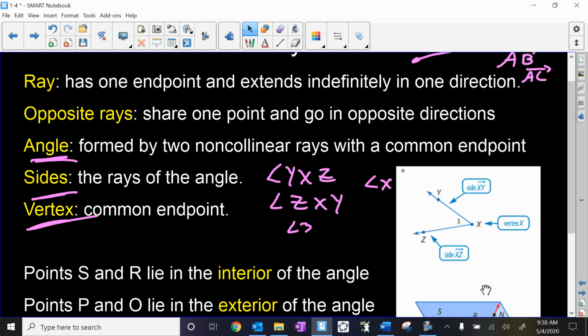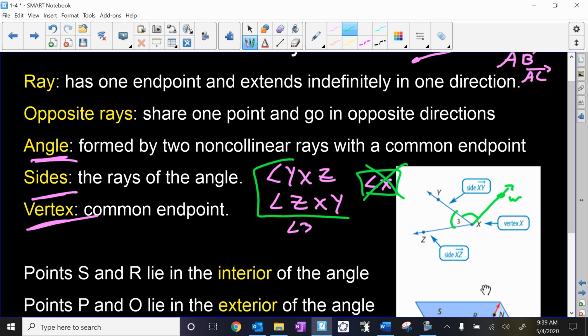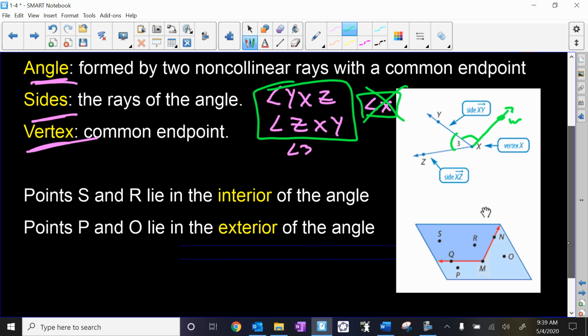The only time that I can use this 1 point is if there is only one angle that's associated with it. So if I draw in another ray out of this, maybe call this point W up here, then I would not be able to use this option because I don't know if you're talking about this angle or this one that's associated with X. That's where you would need to use 3 points or a number.